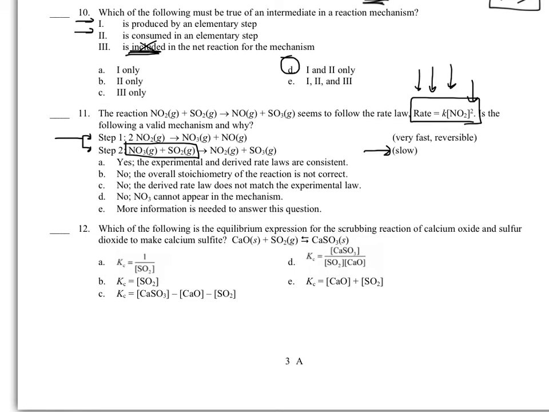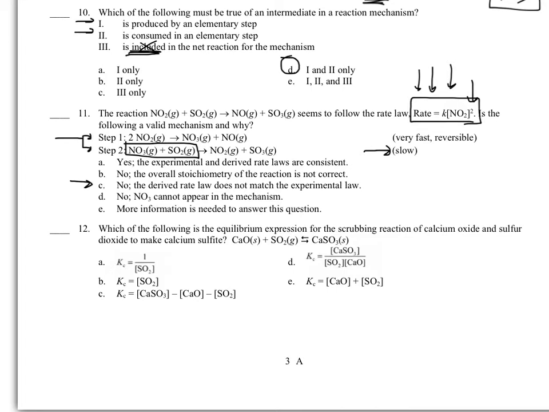Since that is the case, this cannot be the answer, and it's no because the derived rate law does not match the experimental law. Okay, and so when we do that, it can't be the case.